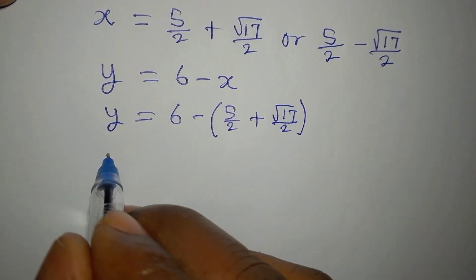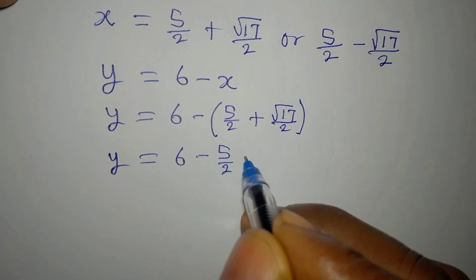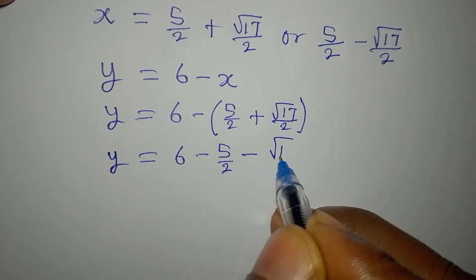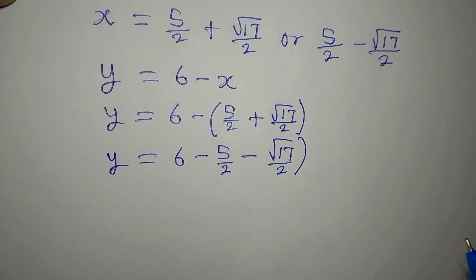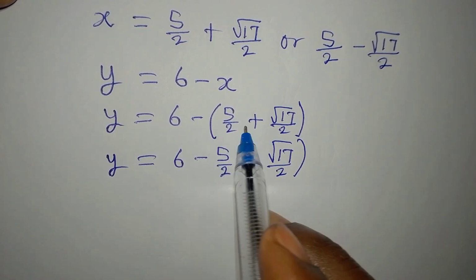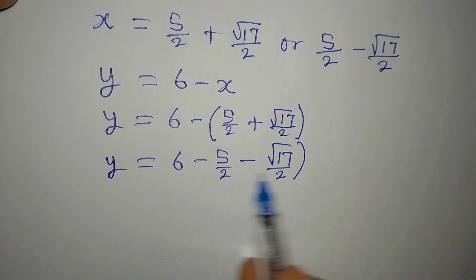This means that our y is equal to 6 minus 5 over 2 minus square root of 17 over 2. Because the negative will open the bracket there, and I can even simplify what I have here.